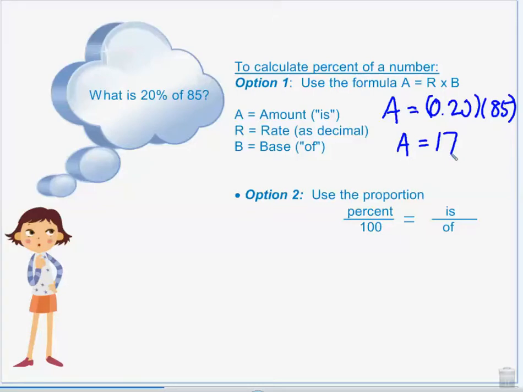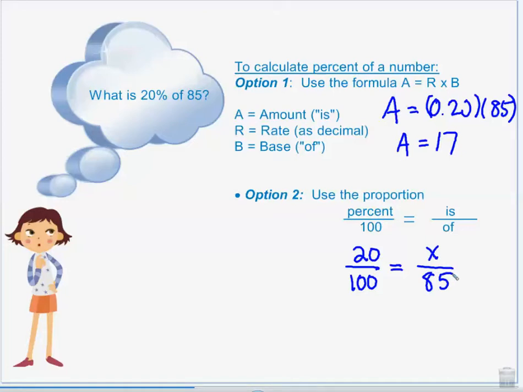Now I could also use the proportion. Percent over 100 is equal to the amount over the base, or percent over 100 is equal to is over of. So if I read through my problem, I'm going to put 20 for percent, so 20 over 100 is equal to, since I want to find what is, I'm looking for x over, and then of 85, so 85.